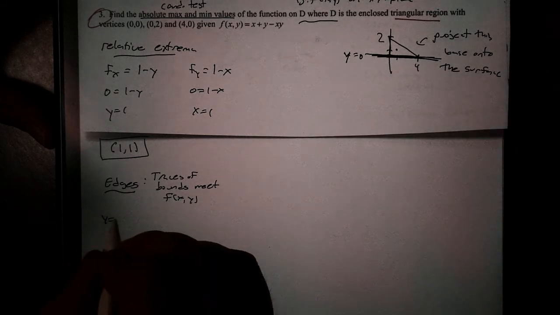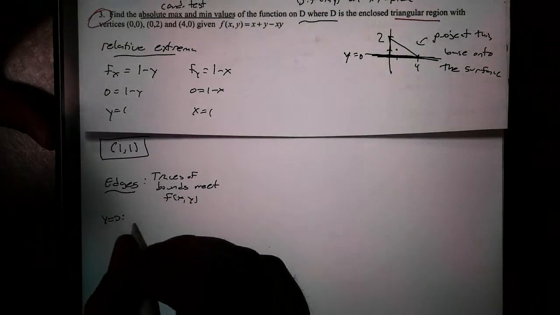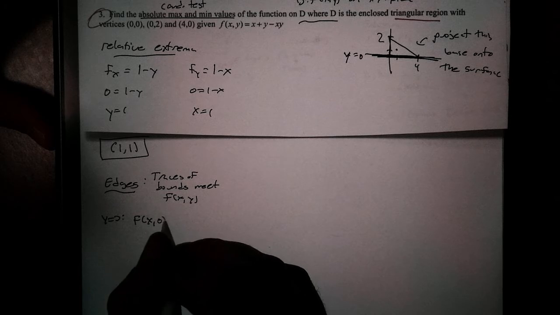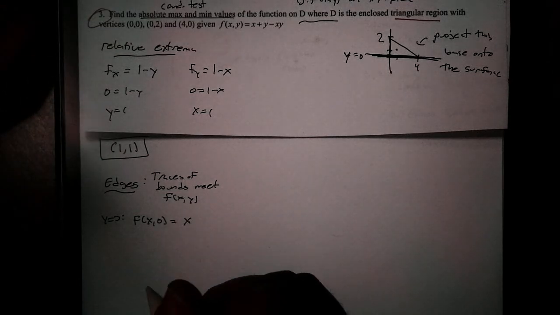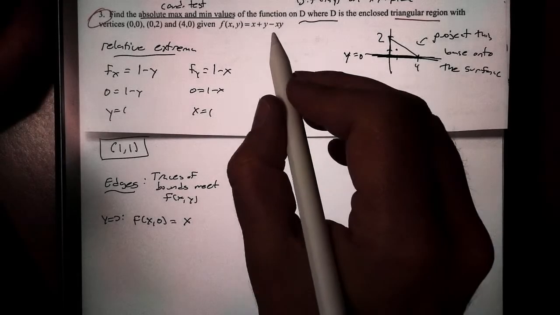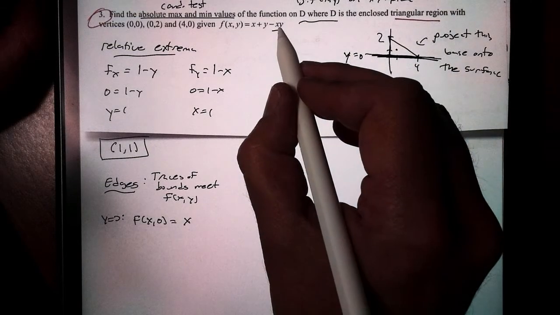So I'll let y equals 0, and if I let y equals 0, I can plug that into my equation, f of x, but y being 0, and that's going to give us just x, because if y is 0, that term becomes 0, so we don't have to worry about that.